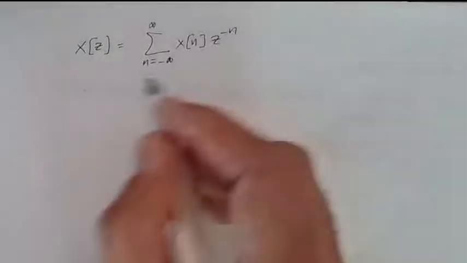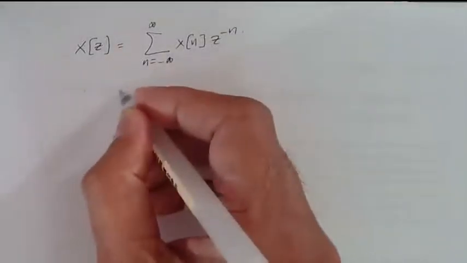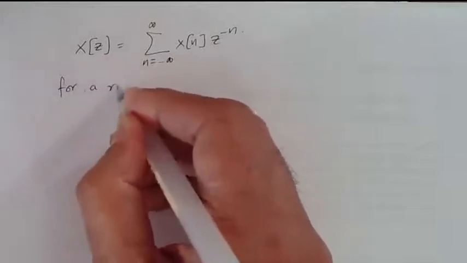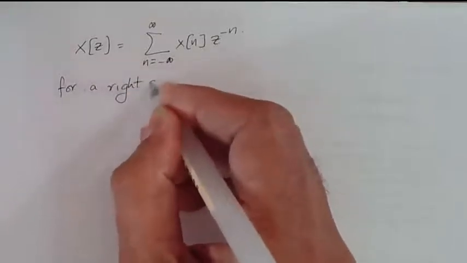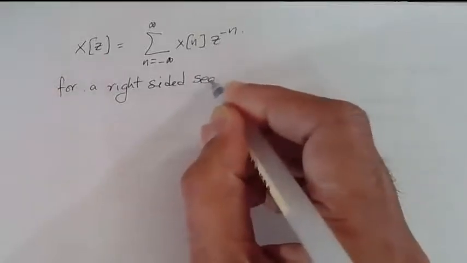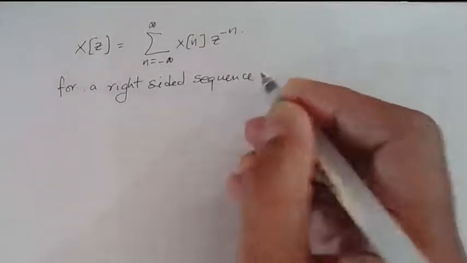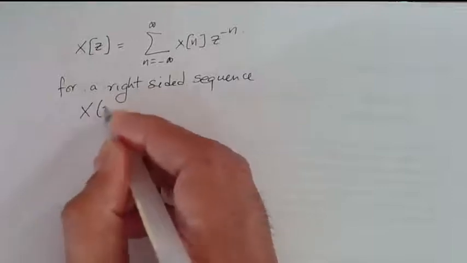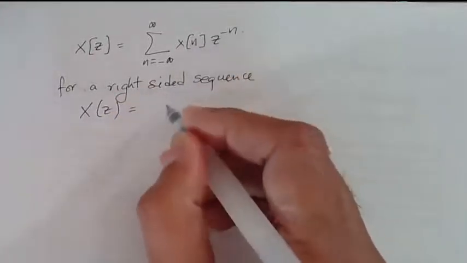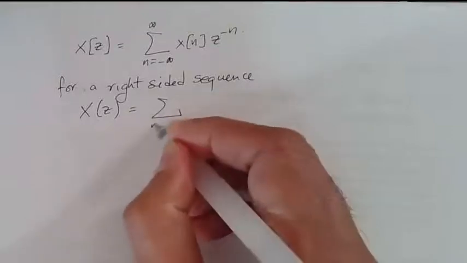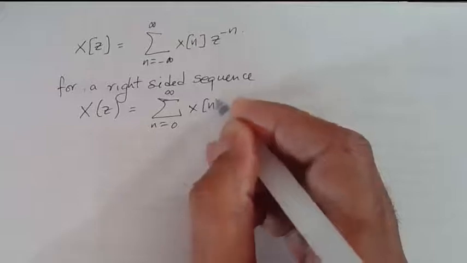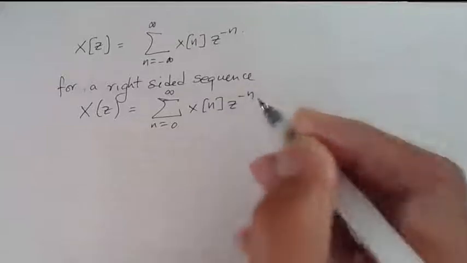For a right-sided sequence, all the x(n)'s for n less than 0 are 0, so this becomes the sum from n equals 0 to infinity of x(n) z to the minus n.